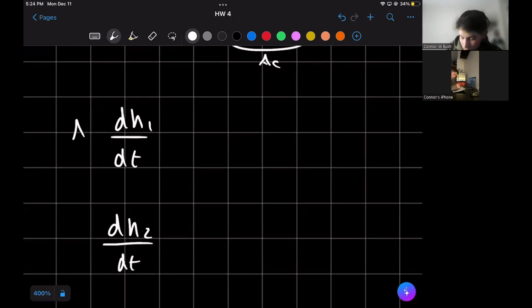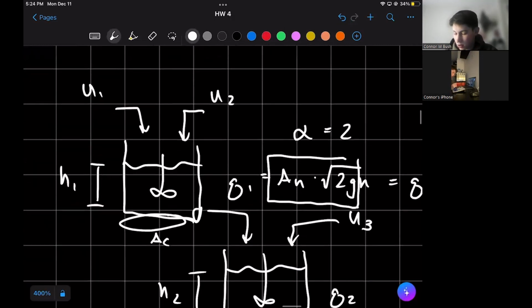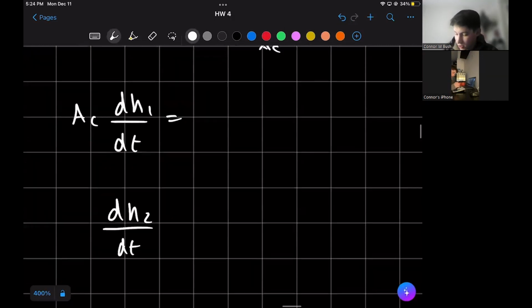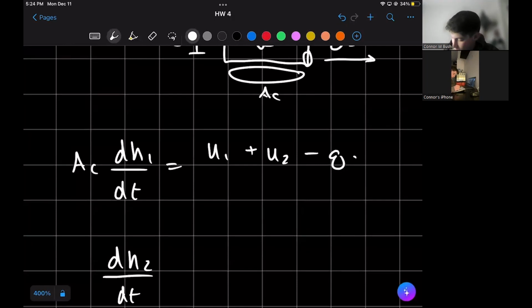If we multiply the cross-sectional area of the tank by this change in height, what we are looking at is the change in what is coming in subtracted from what is leaving. The flow rates coming in are U1 and U2 into tank 1, so we add those. And then Q1 is leaving. If we isolate dH1/dt by dividing across by the cross-sectional area of the tank, we are left with this simple expression for dH1/dt.